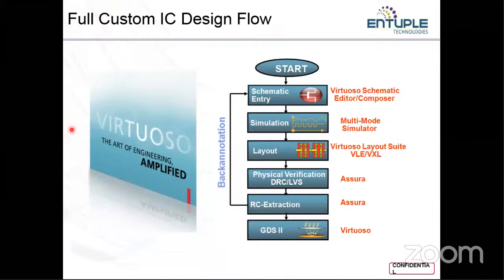The layout is a physical representation of your schematic. So whatever is there in your schematic should be replicated in your layout also, like interconnections, devices, and input and output ports. Comparing your schematic with the layout is what we call layout versus schematic.